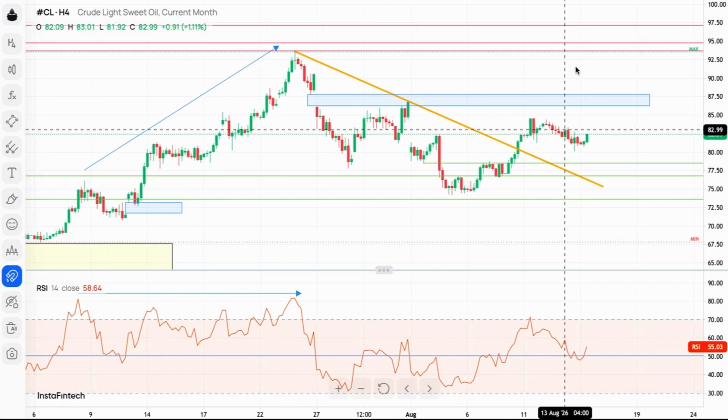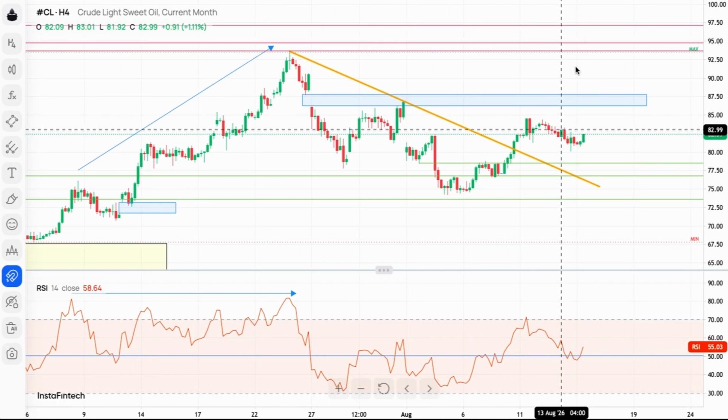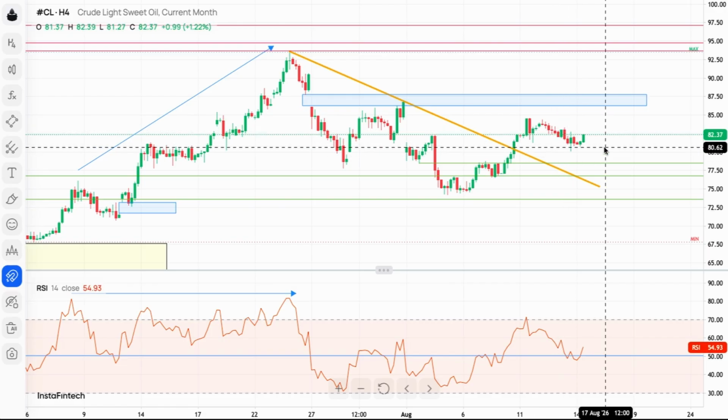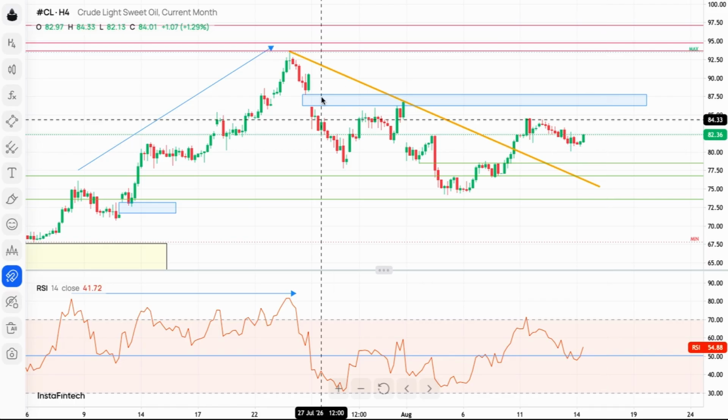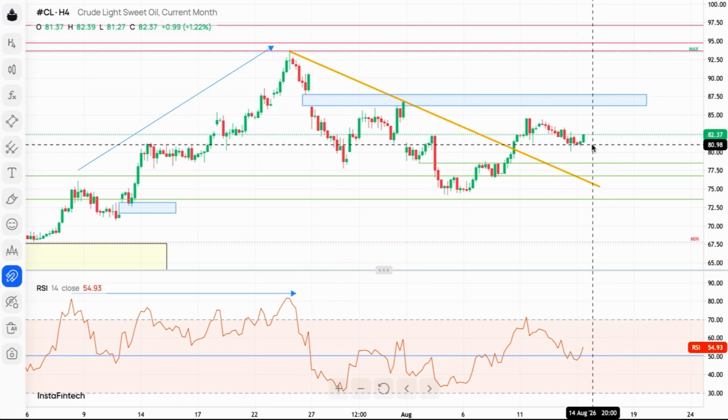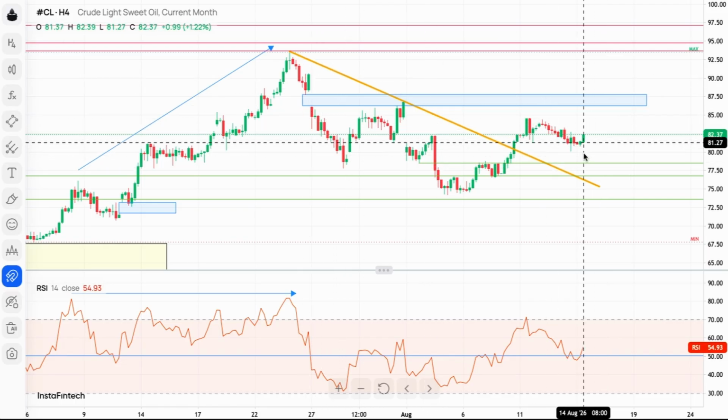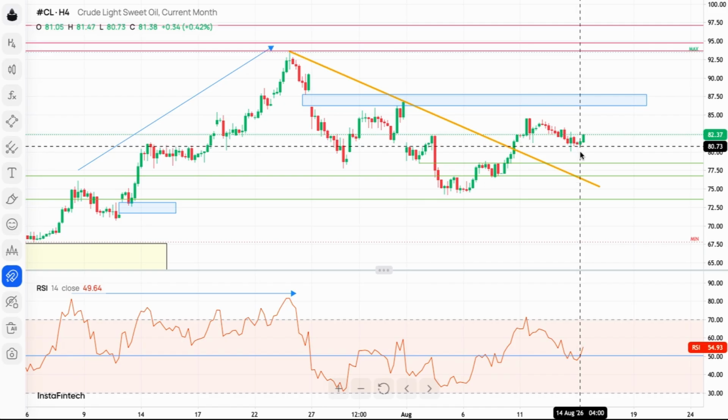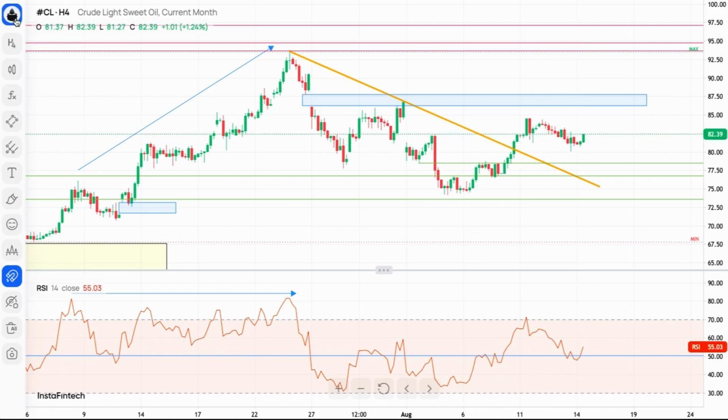So for now, it looks like we might have a quieter situation here on the crude oil, as they need a new definition for the global situation, because obviously the current situation is no longer that effective in creating panic sells or panic buys on this market. So the market is looking for a new narrative, and sooner or later it will find this new narrative.